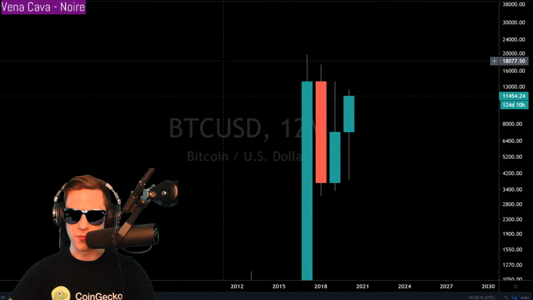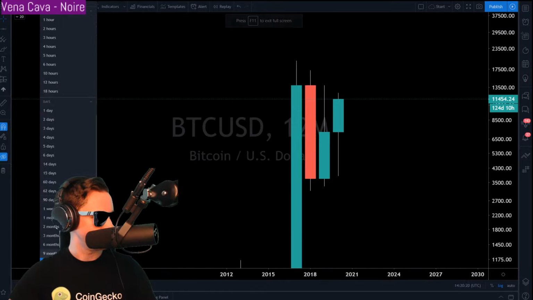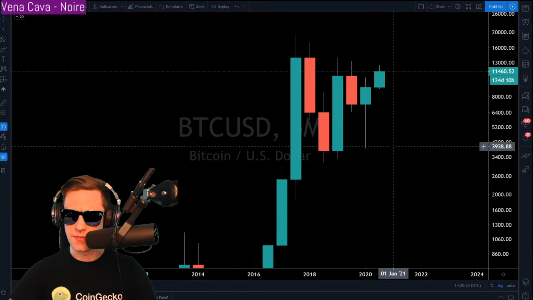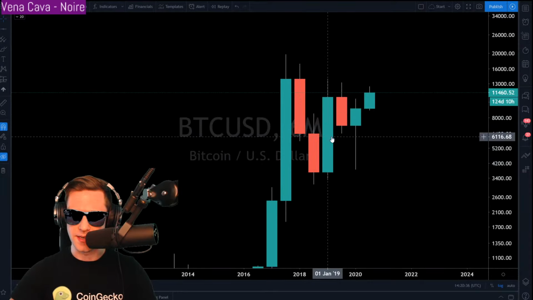So I'm going to zoom in a little more so we can get a little more data here. Let's take it down to 6 months. 6 months, we see the same thing. We have a support here, 3,600, as we see that price came down, bounced, engulfed the previous candle, and moved back up.